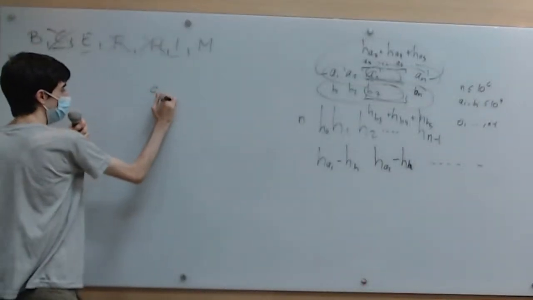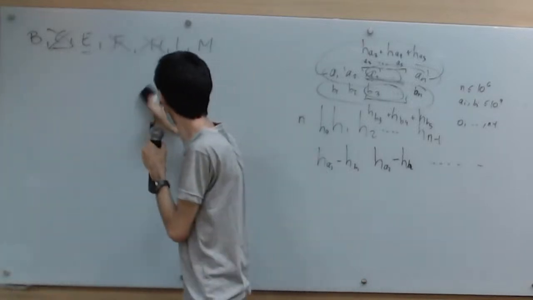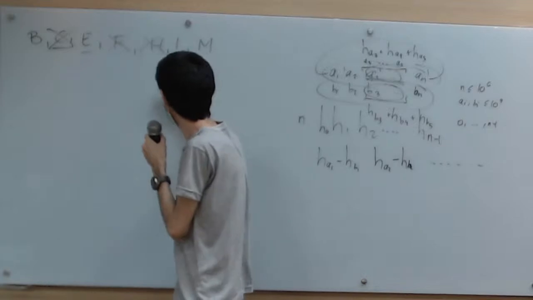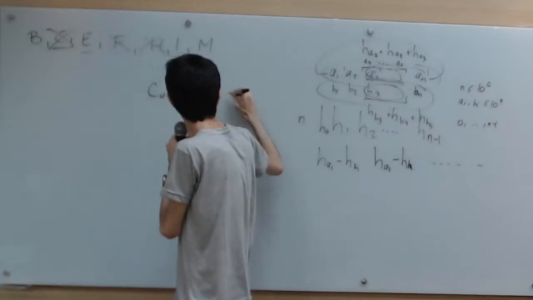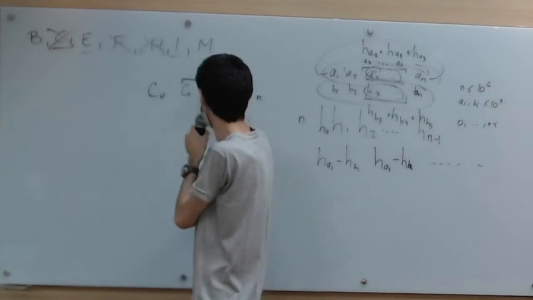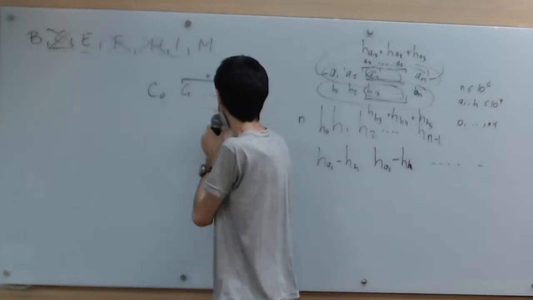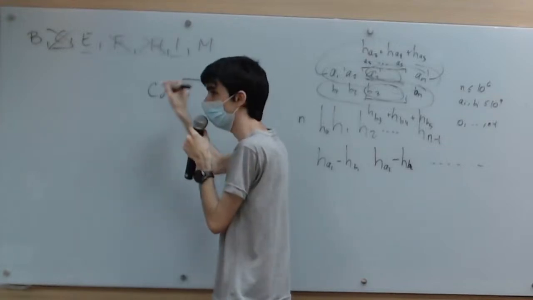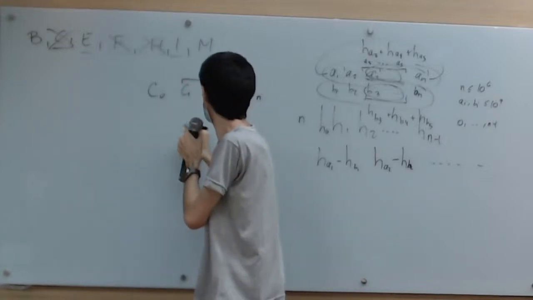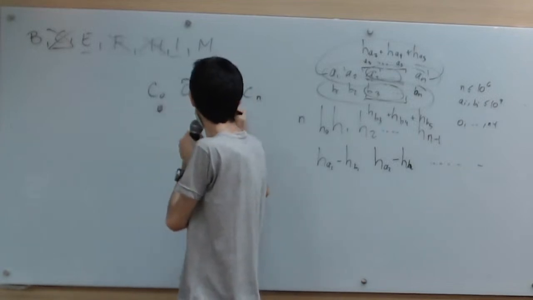And to do that, suppose our new array is C0. If a subsegment has a sum of 0, then if we get the prefix sums array of this array, the element in this position will be the same as the element in this position.